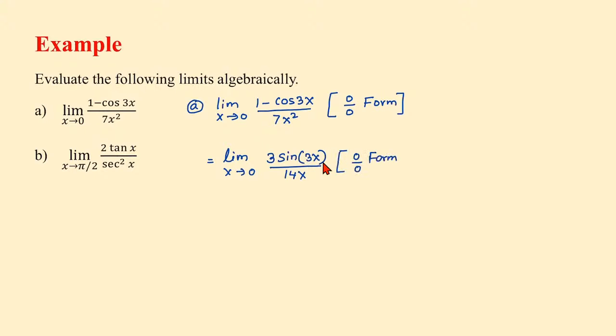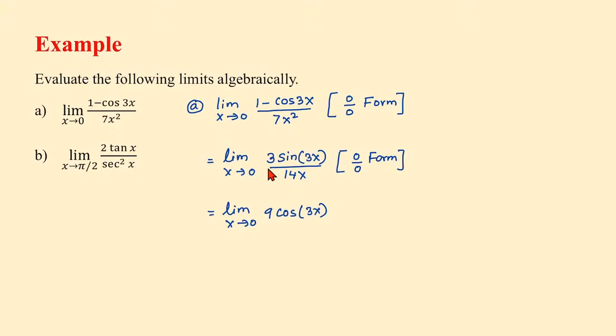So meaning of that is we have to use the L'Hopital's rule again. So limit as x approaches 0. If we find the derivative in the numerator, derivative of 3 sine 3x will be 9 cosine 3x.